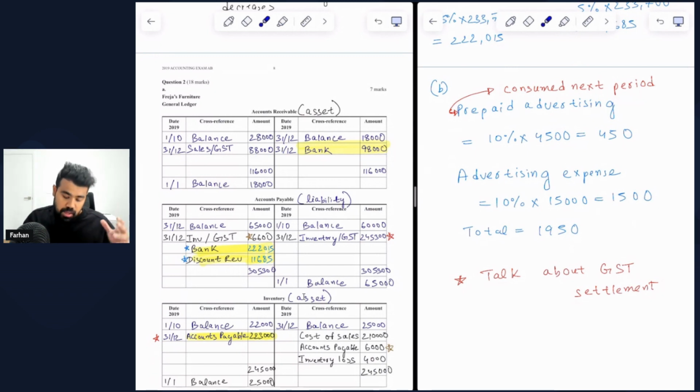If you look into the accounts payable, the inventory that we have purchased, including GST, is 245,300. But in terms of the actual amount that we have paid, it's 222,015. So you can see differences already coming here.